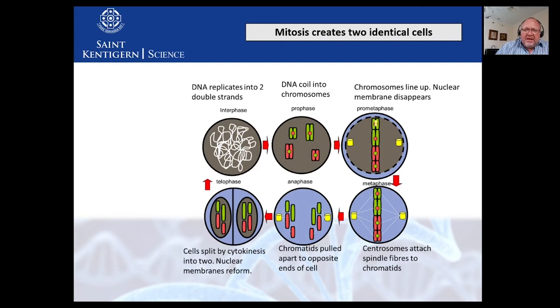And then they align in the midline of the cell. The spindles come and join to them. It's then pulled apart by the spindles towards the centrioles, and now you can see there that both of them are in a separate corner. And then the new nucleus forms, and then the cell can divide.